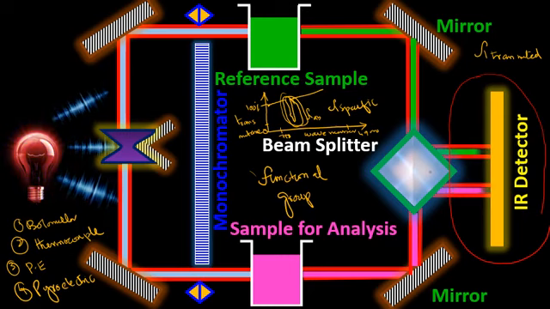The beam splitter further splits the infrared radiation into two equal parts, and the IR radiation moves forward into the third and final region of the IR spectroscope, known as the detector. The detector detects the amount of transmitted radiation from both the reference sample and the sample under analysis.